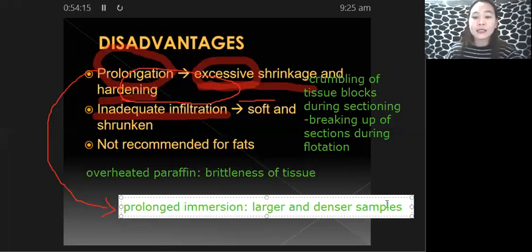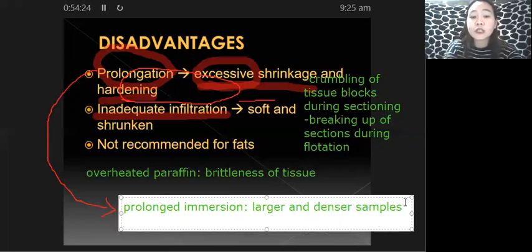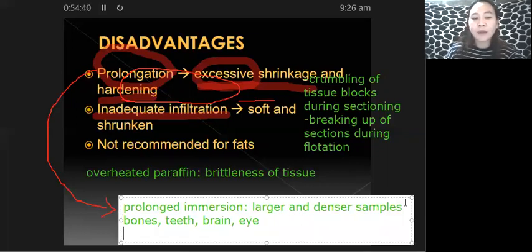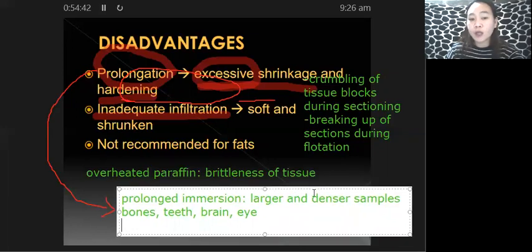So prolonged immersion is needed for tissues which are difficult to infiltrate. What are examples of samples which are difficult to infiltrate? We have your bone samples, teeth samples, brain samples, and of course, eye samples. If you are going to process these types of tissue samples, you need prolonged immersion.